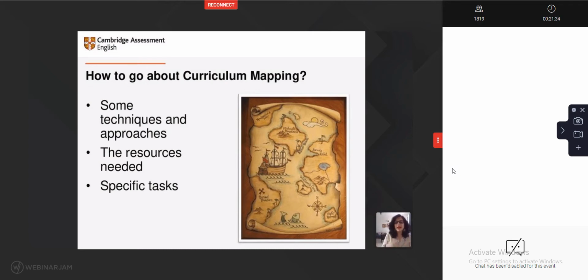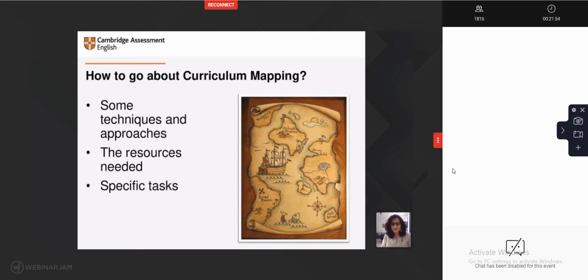Now, since we have seen the what of curriculum mapping and the why of curriculum mapping, let's go to the how of curriculum mapping. So, how do we go about curriculum mapping? In this, we'll be looking at some techniques and approaches to go about mapping the curriculum.